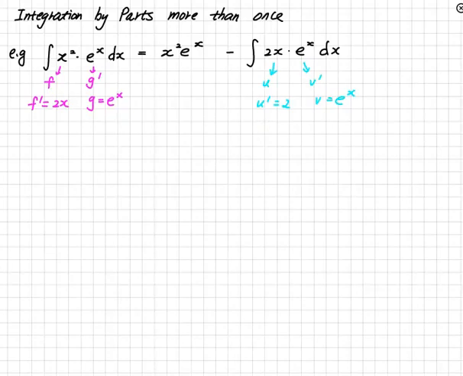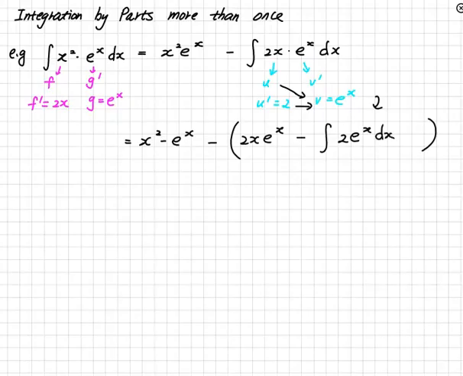So we're going to substitute this one. So I'm going to actually start from the beginning again. So we have x squared e to the power of x, minus the result of the integration by parts of this. So uv first, so that's 2x times e to the power of x, take away integration of u dash v, which is 2e to the power of x dx.